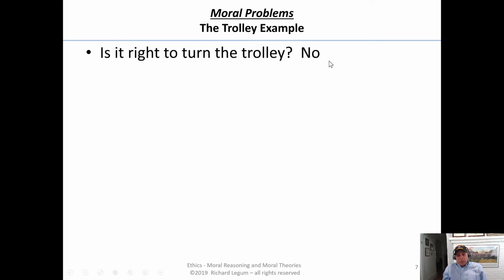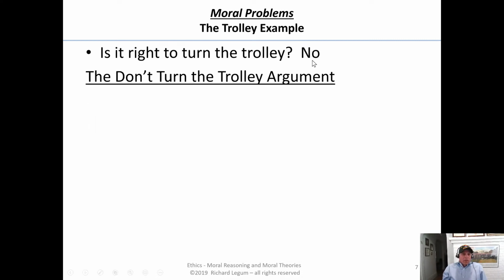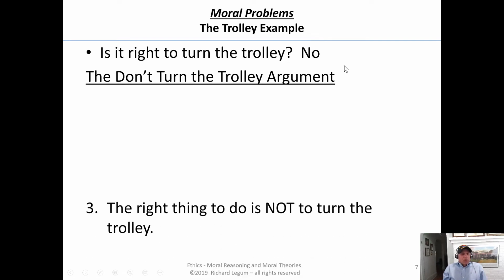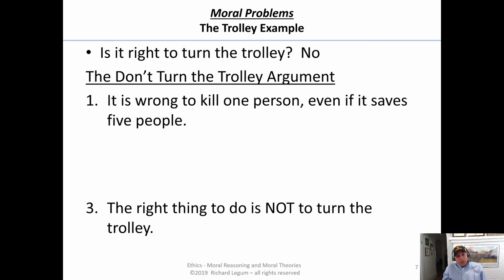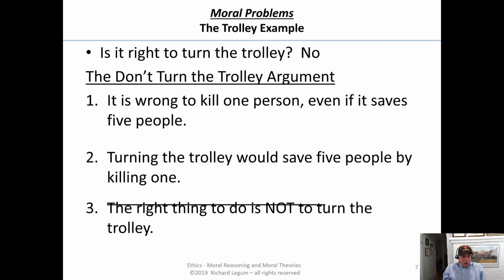Now to take the minority position, that is, we shouldn't turn the trolley, the don't turn the trolley argument. The conclusion of that argument is that the right thing to do is not to turn the trolley. Again, there was a moral principle invoked for the minority position: it's wrong to kill an innocent person even if it saves 5 lives.